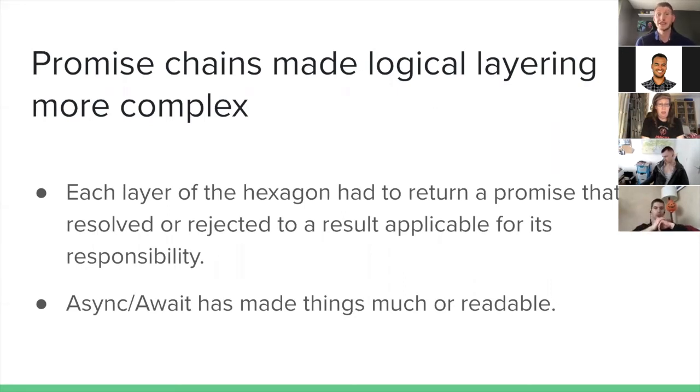We had to make sure that each layer returned a promise that resolved to the object that was applicable for that particular layer. So things in the domain resolve to domain things, application to application code, and in the adapter layer, things like REST responses, it would finally resolve to a REST response. It also made things much more difficult to read than what was in Java.